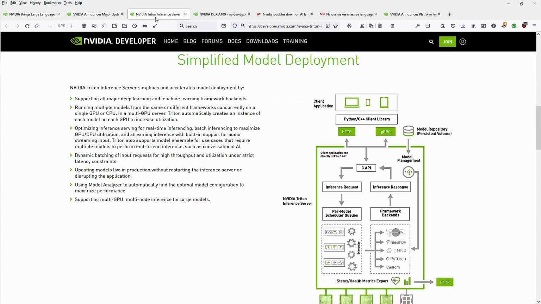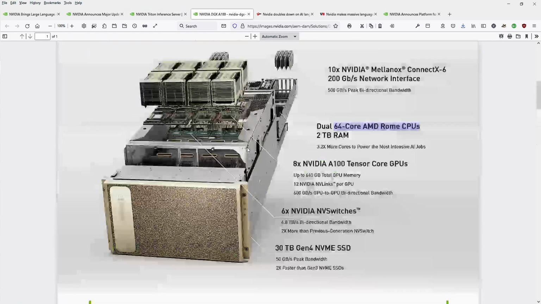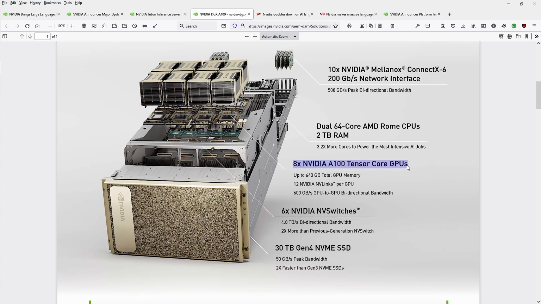And I already showed you, this is for the open source Triton code. The DGX is here. And as we already discussed in the last video, it consists of 8 NVIDIA A100 Tensor core GPUs, each with 80 gigabytes of memory.